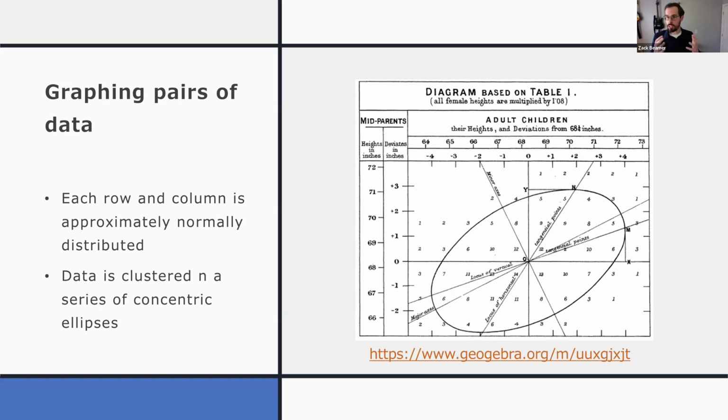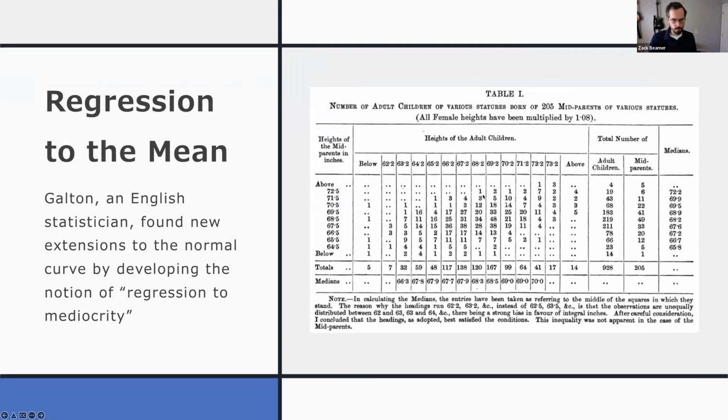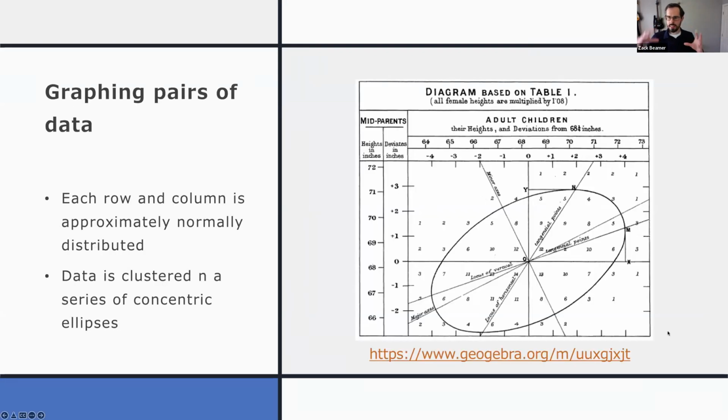So each of those things, you can draw an inference. Knowing something about the height of a child, you can make an inference about how tall on average their parents were. And not only that, the other thing that's really interesting when you plot it on an XY plane is that you end up getting this data clustering around in this kind of elliptical pattern.